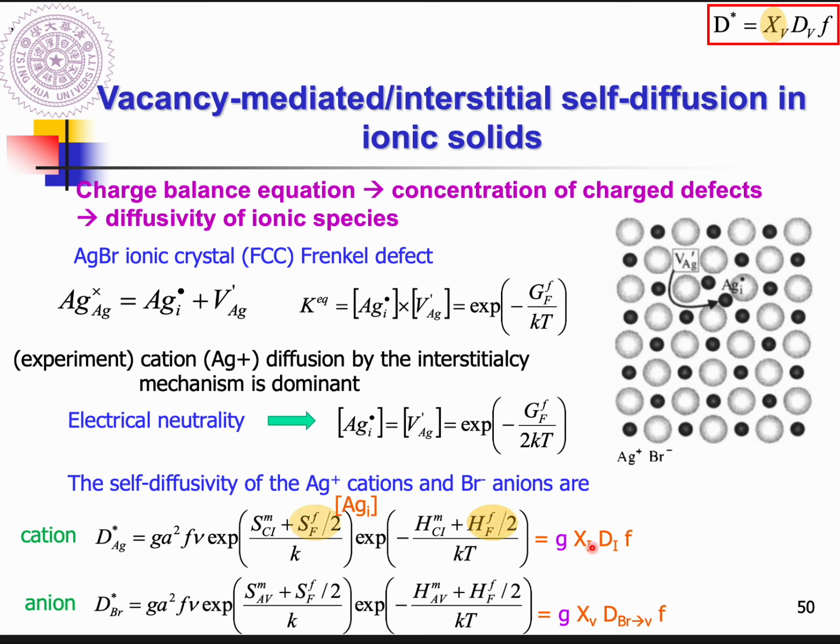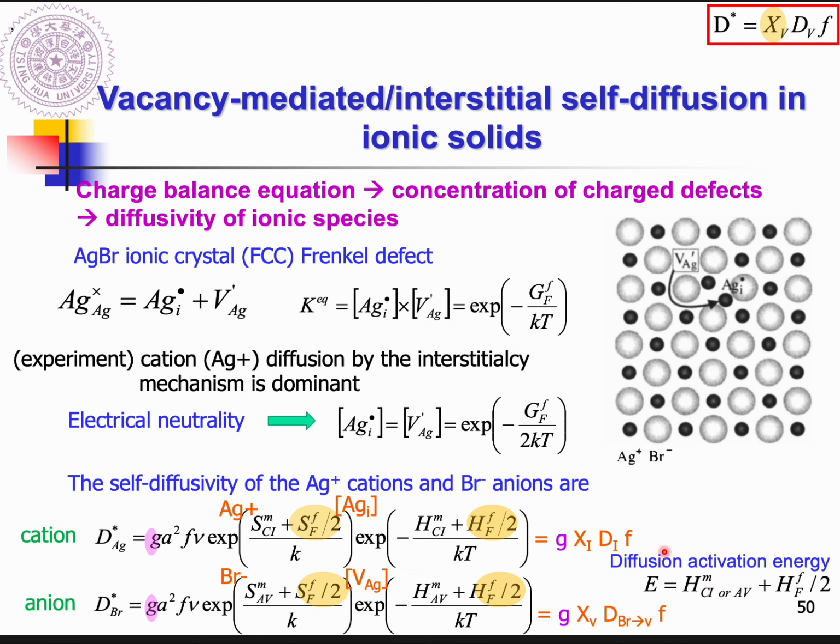The fraction of interstitial defect depends on the Frenkel defect formation energy, and the diffusivity for these interstitials involves a migration energy, the cation moving to the interstitial site, times G. And just a reminder, a squared over mu due to the FCC structure. And for the bromide one, the vacancy will be the silver vacancy formation energy, and the anion jumping into the vacancy at the silver site will be the migration energy, and the rest is the same.